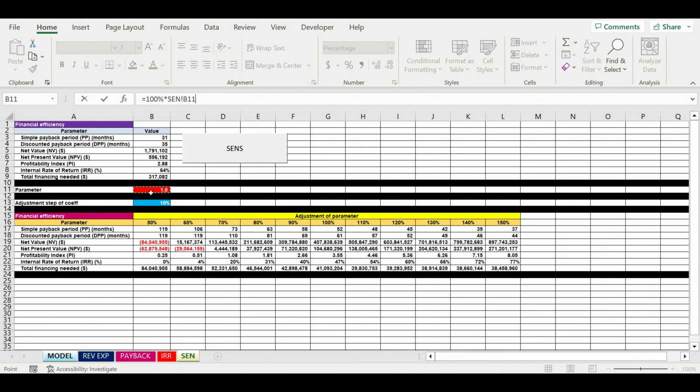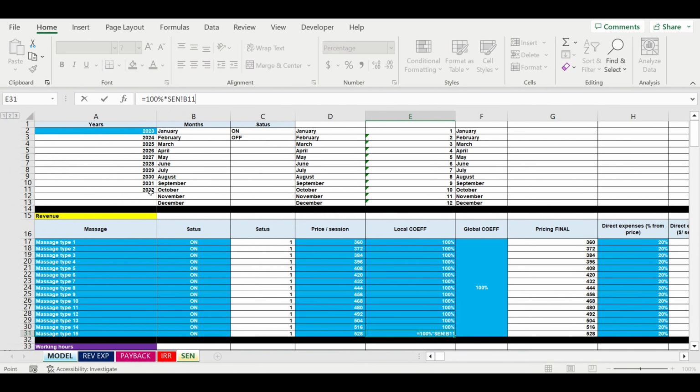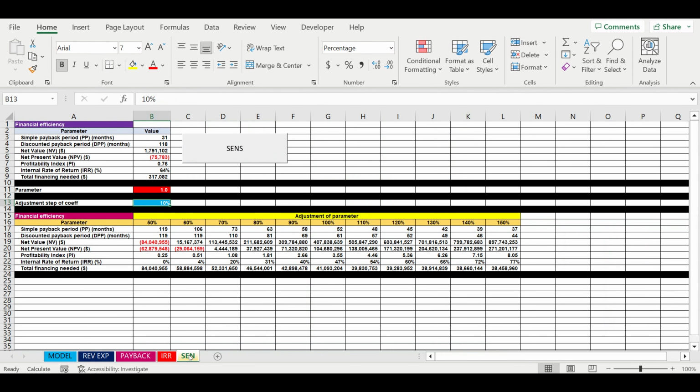So we are adding this coefficient to this parameter. Then we press enter. So now this coefficient is added. Now we can go to the sensitivity tab and press the sense button, and then we will be able to see how this parameter affects our business idea. So let me show you.